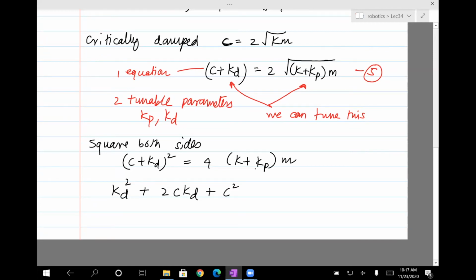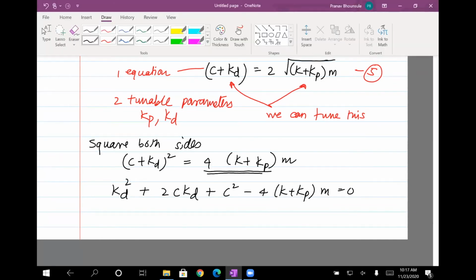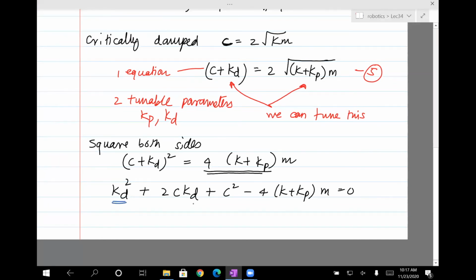I'm going to skip a step and move this right-hand side to the left-hand side. So I'll have minus 4 times K plus Kp times M equals 0. So what I have here is a quadratic equation in Kd.